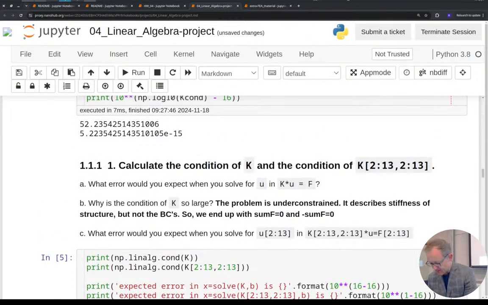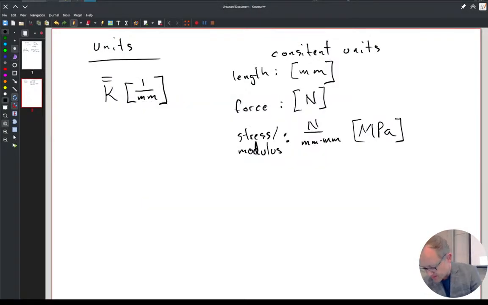And the question was, when we do this one, is that boundary conditions? Well, yeah, that's imposing the boundary conditions, but it looks like we're just taking a piece of the matrix and calling that stiffness. So let's take a look.